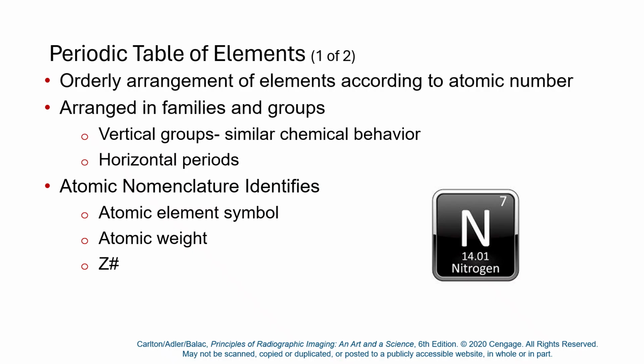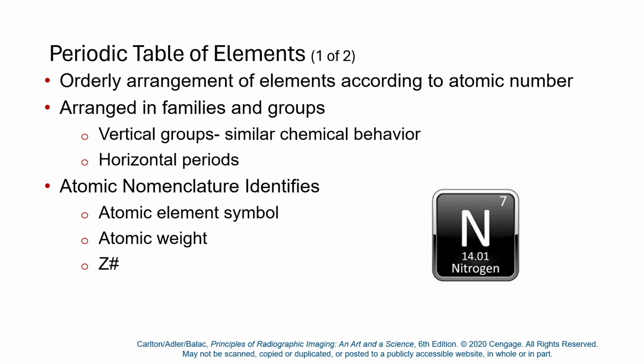Okay. And so, families and groups. The vertical groups, that's what I was talking about, families of elements. They display similar chemical behaviors. They like binding to other families. Typically, group 7 likes to bond to group 1, and that's because group 1 has a lone valence electron, and group 7 has seven valence electrons.